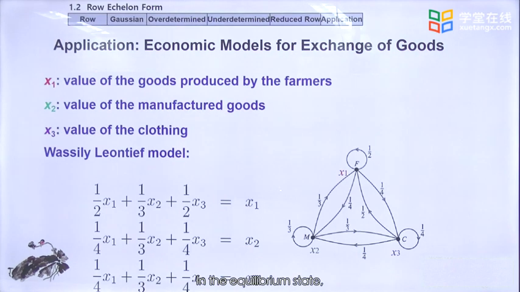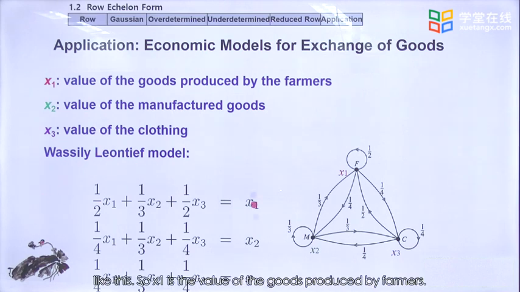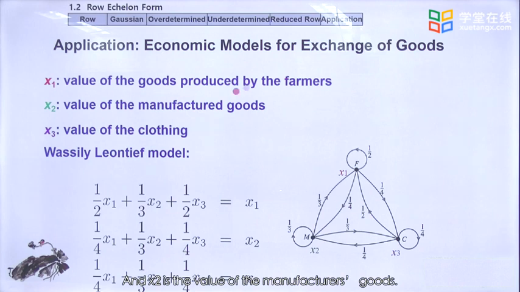In the equilibrium state, we may have this model, the Wassily Leontief model, like this. Okay, so x1 is the value of the goods produced by farmers, x2 is the value of the manufacturer's goods, and x3 is the value of clothing.